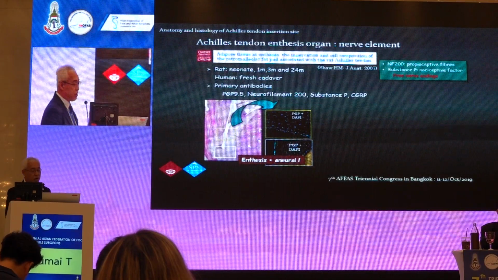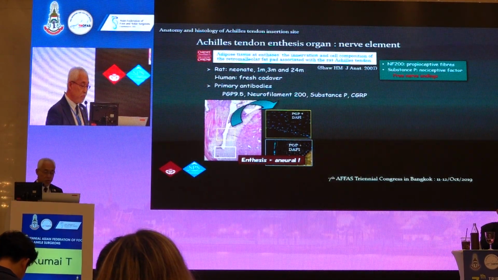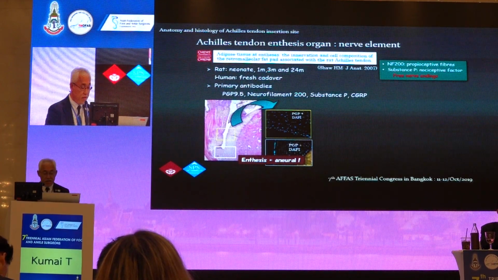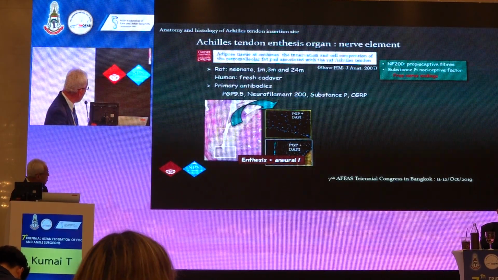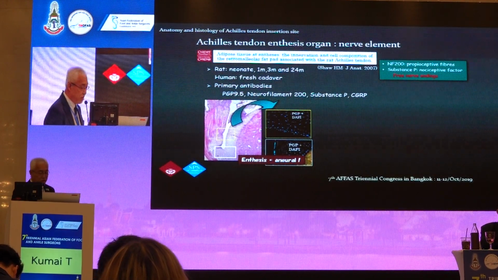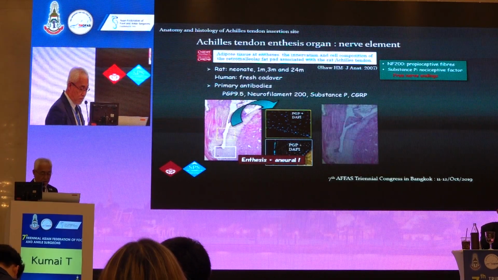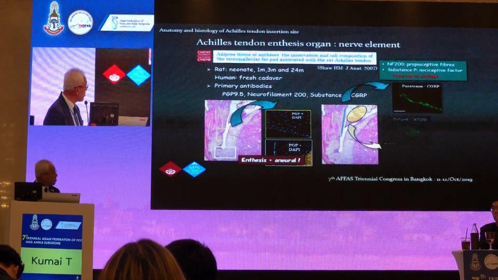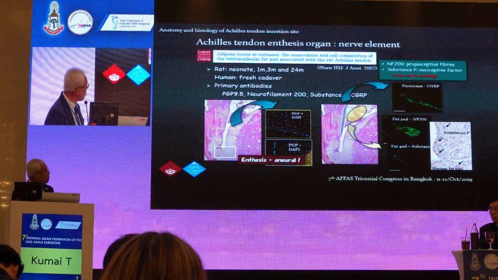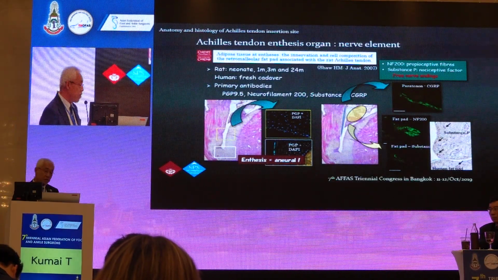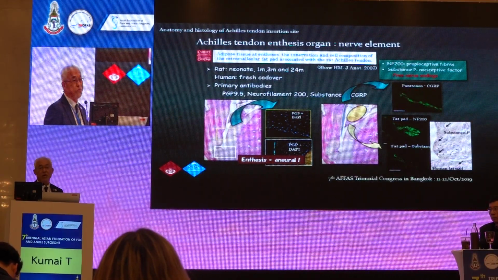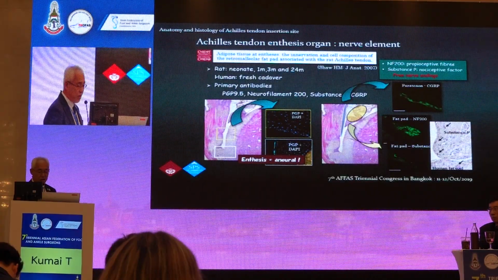Regarding the nerve elements, we did an immunohistochemical study using rat and human bodies. You see the cartilaginous area is completely aneural and avascular. However, the deep peritenon and Kager's fat pad contain a lot of nerve elements, both proprioceptive and nociceptive, like free nerve endings.